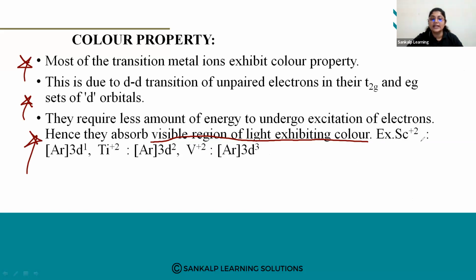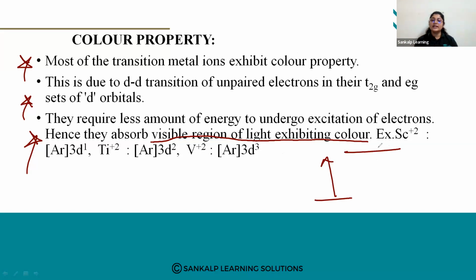For example, Sc2+ is argon 3d1, Ti2+ is argon 3d2, V2+ vanadium is argon 3d3. The number of electrons present is small and they are unpaired, so the energy required to get excited from lower energy to higher energy is less.